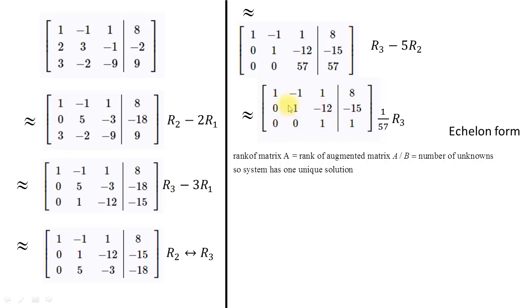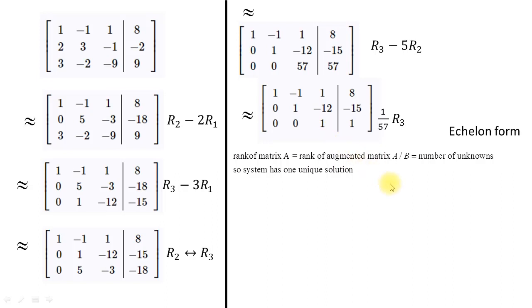There are 3 non-zero rows in this echelon form. So the rank of matrix A is 3 and the rank of the full augmented matrix is also 3. There are 3 non-zero rows in this augmented matrix. So the rank of A is equal to the rank of the augmented matrix and is equal to the number of unknown variables. So the system has a unique solution.